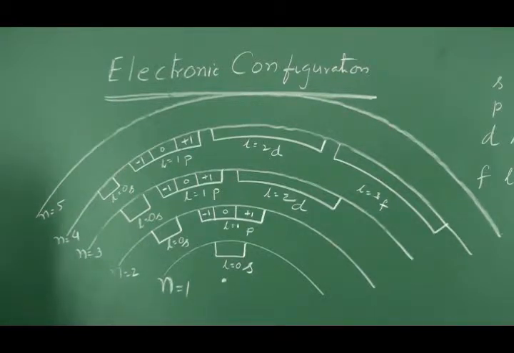Generally, they are designated as Px, Py, Pz. By default, the M value for Pz orbital is taken as 0. For Pz, it is 0. For Px and Py, they may be plus 1 or minus 1.